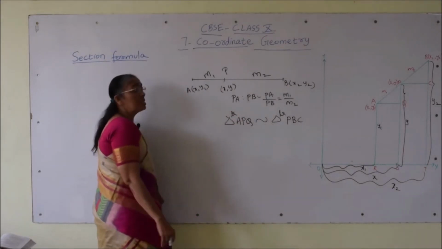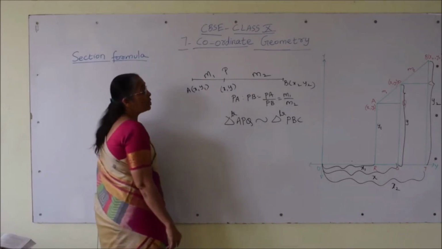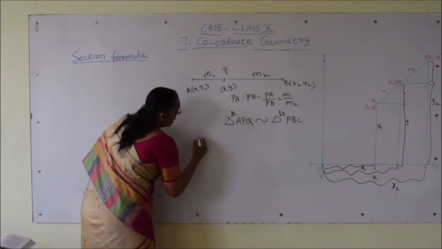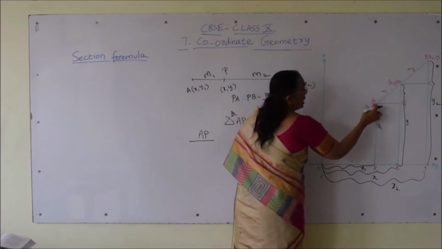Now, since these two triangles are similar, let us write the similarity ratio for these two triangles. So, I can write first AP by PB, that is AP is this side for the triangle APQ.